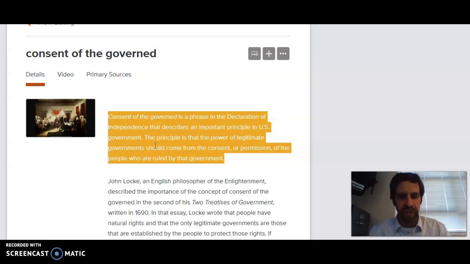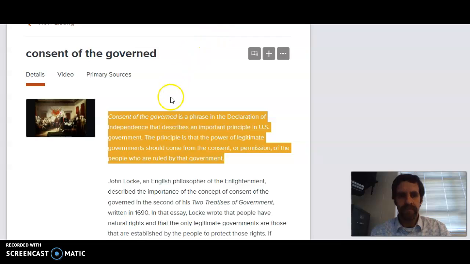The definition really should be in the first paragraph. So you will read, consent of the governed is a phrase in the Declaration of Independence that describes an important principle in the U.S. government. The principle is that the power of legitimate governments should come from the consent or permission of the people who are ruled by that government.